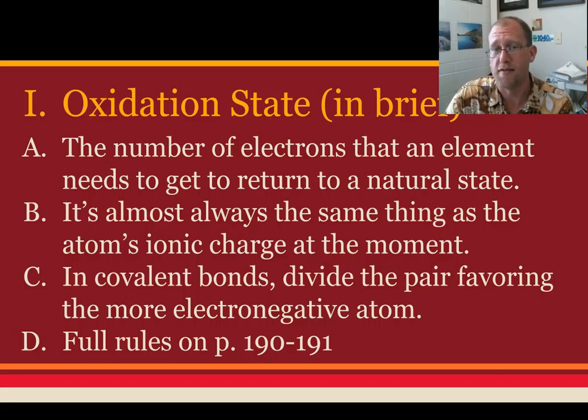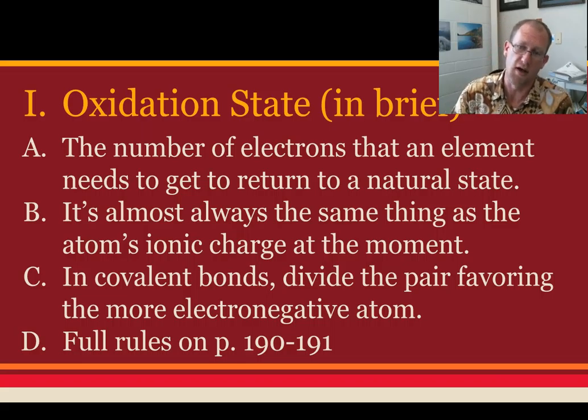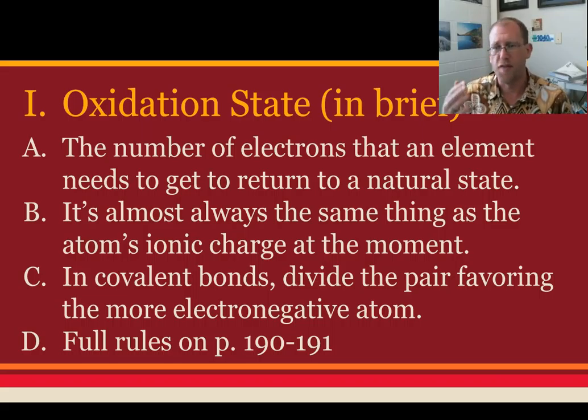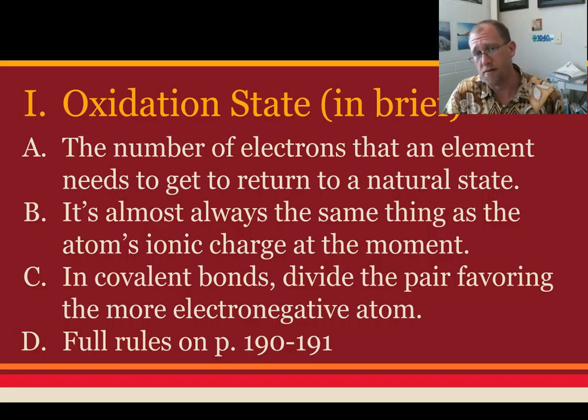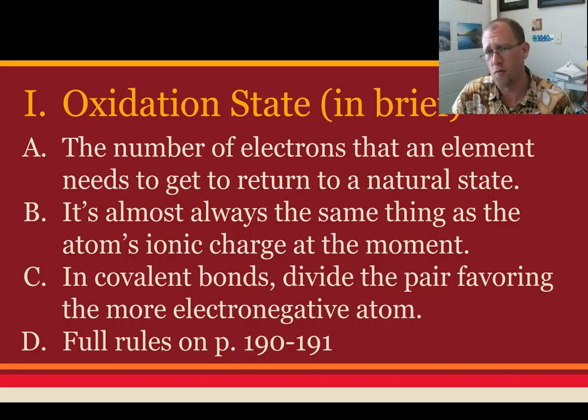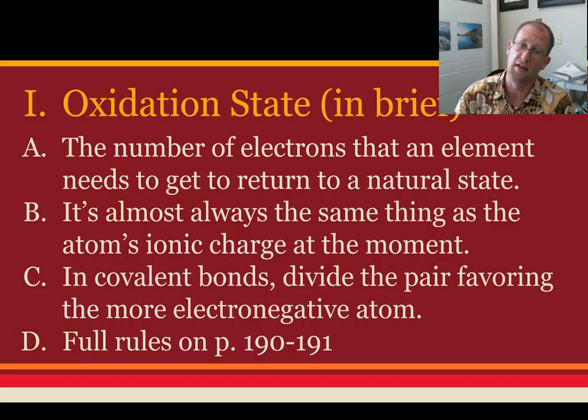Even in covalently bonded molecules, you can look at what that atom normally does when it becomes an ion and get its oxidation number. So everything in the halides row becomes a -1 ion when it ionizes. So even in a covalent bond, its oxidation state is -1. Everything in the alkali metals becomes a +1 ion when it ionizes, and its oxidation state in a covalently bonded molecule is +1.